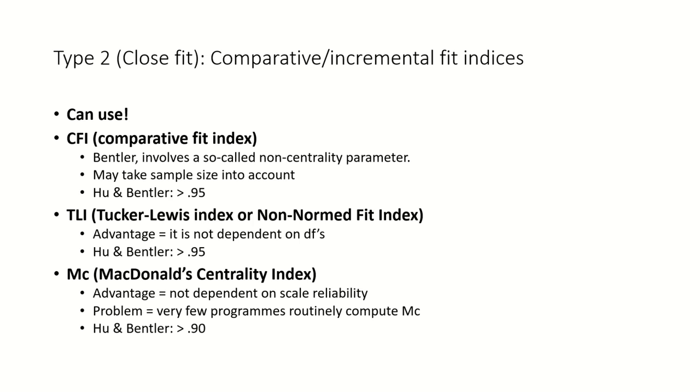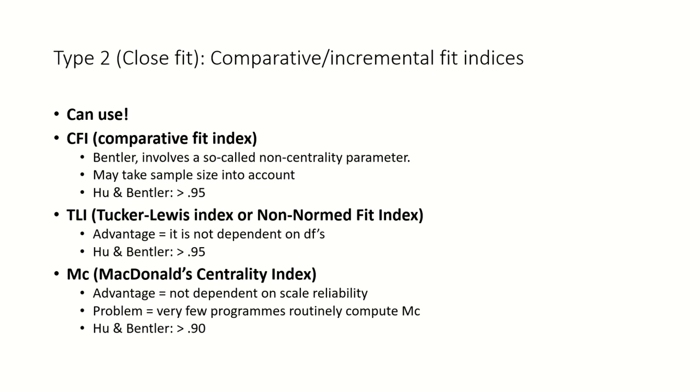So now let's go to so-called close fit, comparative or incremental fit indices. The first one, and one that is very often used, is the so-called comparative fit index. It was developed by Bentler, and it uses a fancy so-called non-centrality parameter.